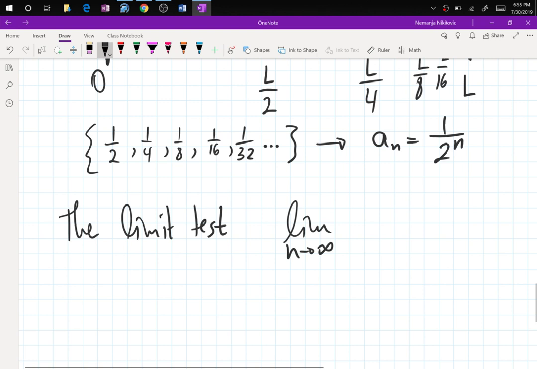It will never be n goes to 2 or 7. It will always be n goes to infinity. We care about the tail end of the sequence. We don't care about the front end of the sequence. You can see the front end of the sequence. You can compute the front end of the sequence, right?